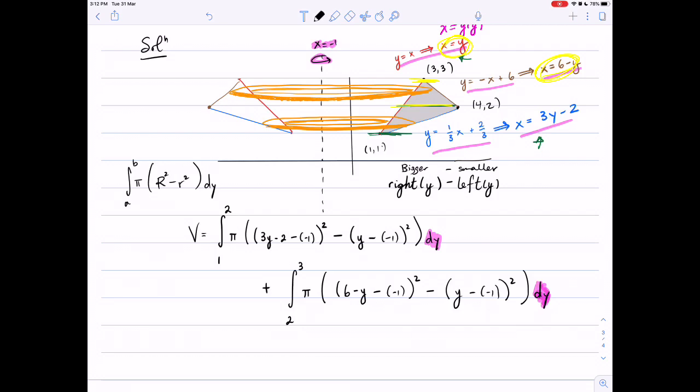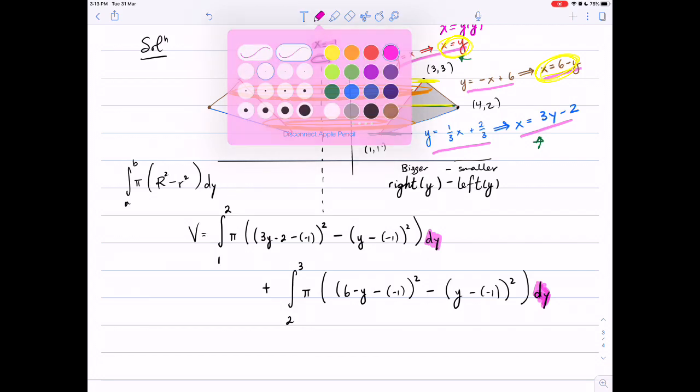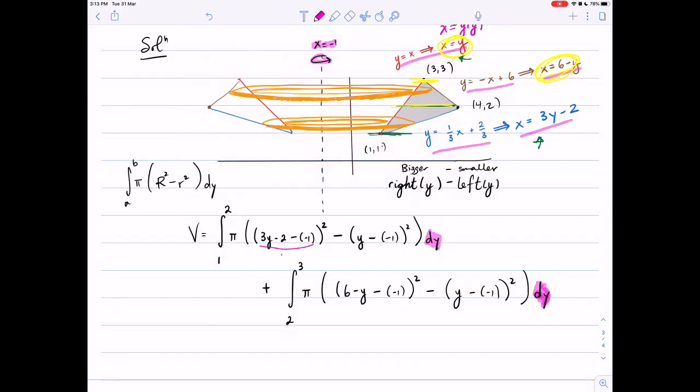So let's take a look at these values. This is the big radius squared in the first part of the solid. The radius goes from the axis of revolution to the outside of the solid. So 3y minus 2 minus 1, the axis of revolution. Over here is little r squared.